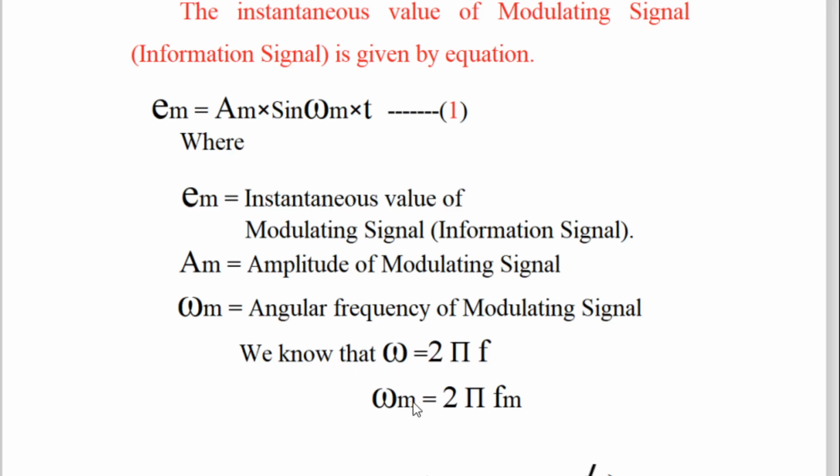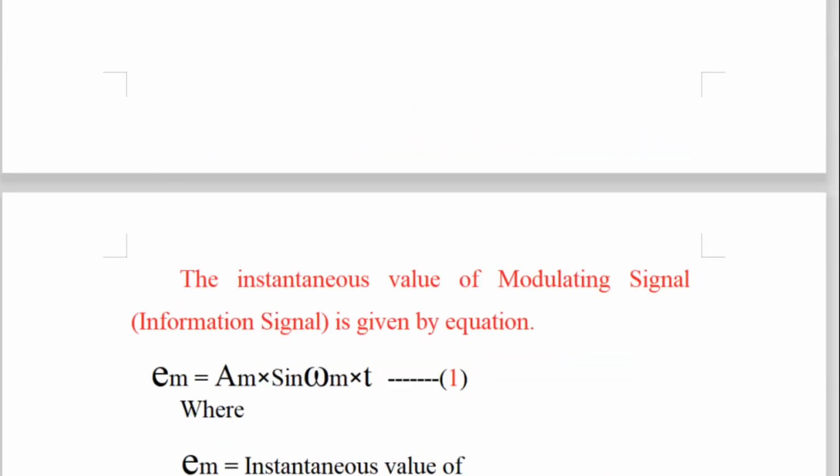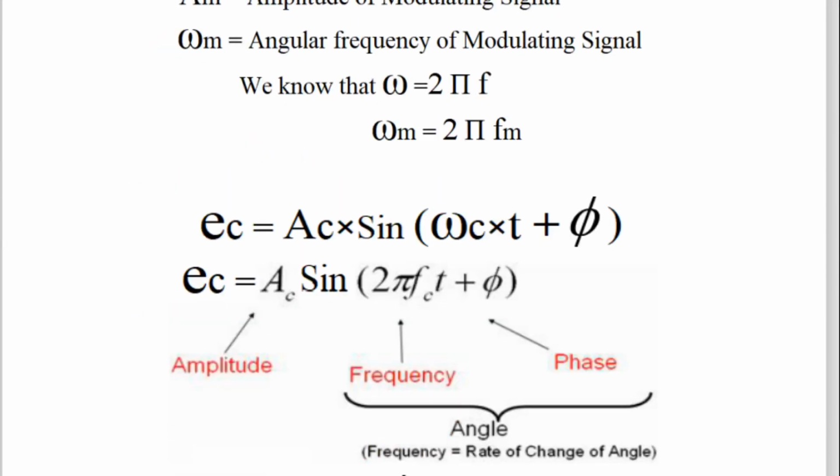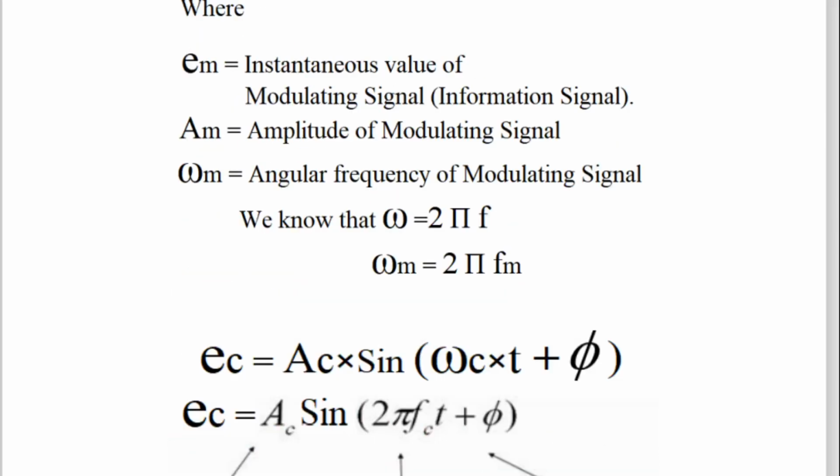Therefore, omega m is equal to 2 pi fm. So you can substitute 2 pi fm here, and t will be there. If you don't want to write only omega m, then you can write 2 pi fm, and then the equation will become simple. There is no problem.